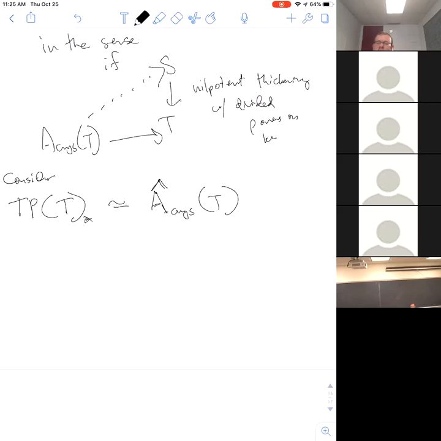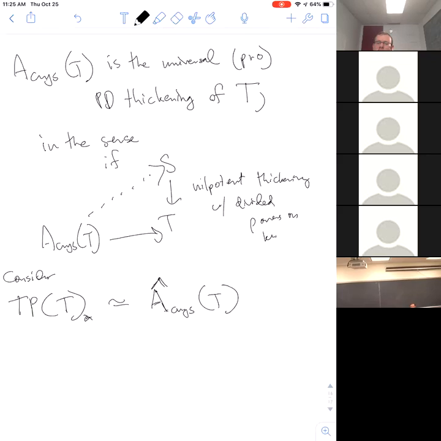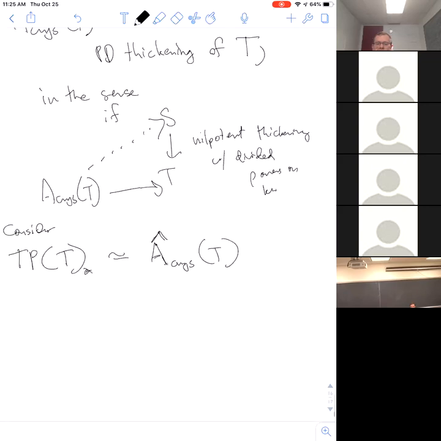It's essentially a filtration by ideals based on how divisible the Frobenius is going to make you, how many powers of P are going to show up when you take Frobenius of an element. So the theorem that one has to show is that TP of T is naturally A cris of T.